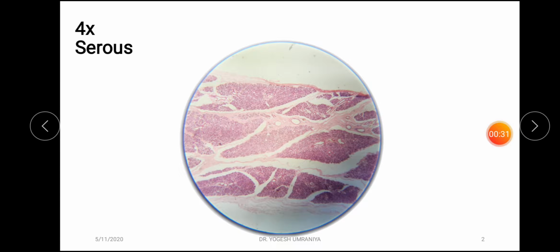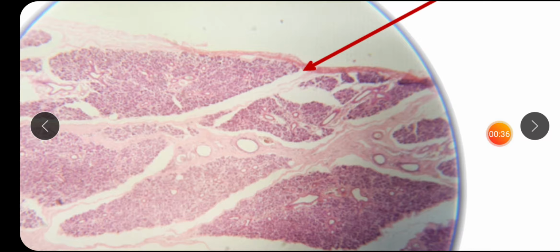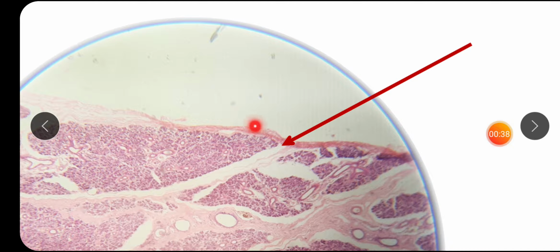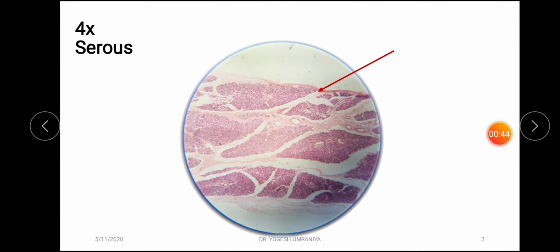First thing you notice on the top here, this structure lining the top in this image represents the capsule of the serous gland, and that is well defined. So you have to remember that there is a well defined capsule as far as the serous gland is concerned.